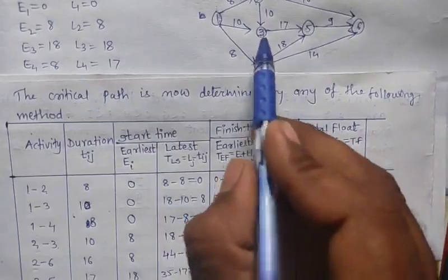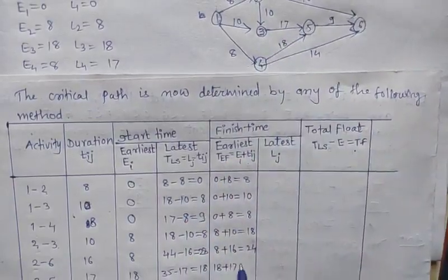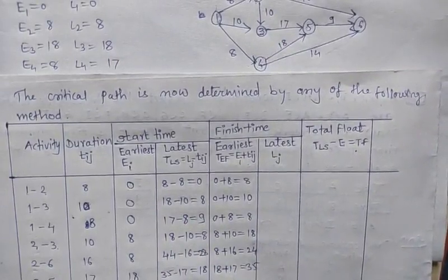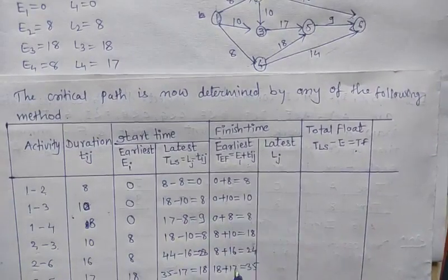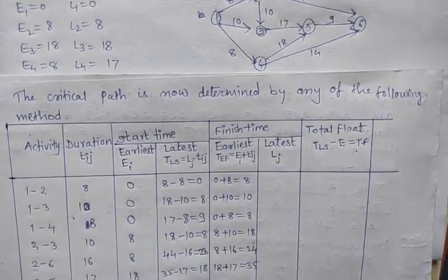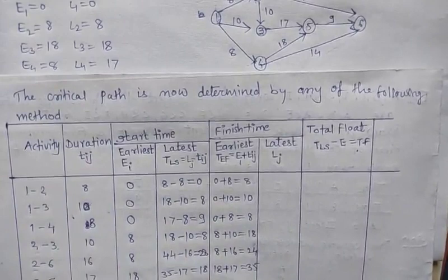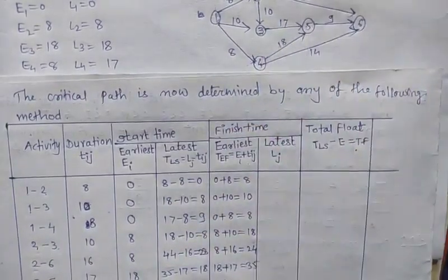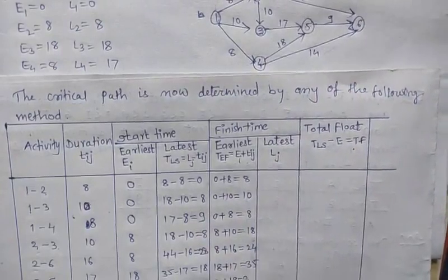T35 distance is 17, which is equal to 35. Next E4 has value 8 plus T45 is 18, which is equal to 26.